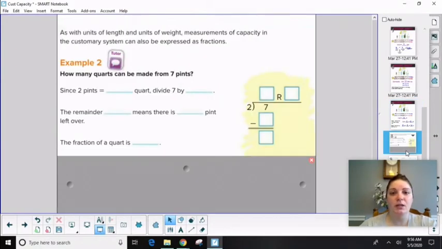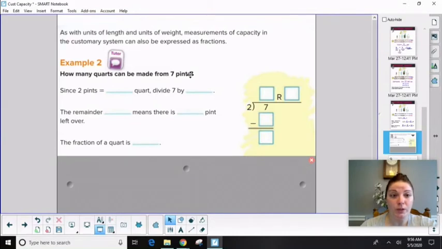All right, just like with our previous customary lessons, we know that sometimes when we divide, we don't have an exact amount. So as with units of length and units of weight, measurements of capacity in the customary system can also be expressed as fractions. Our question says, how many quarts can be made from 7 pints?